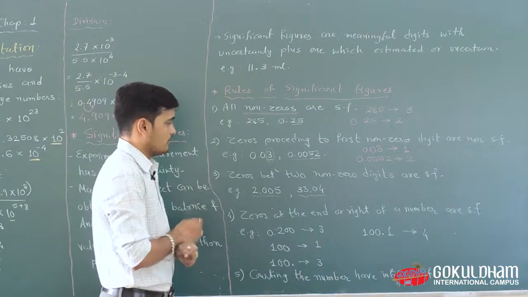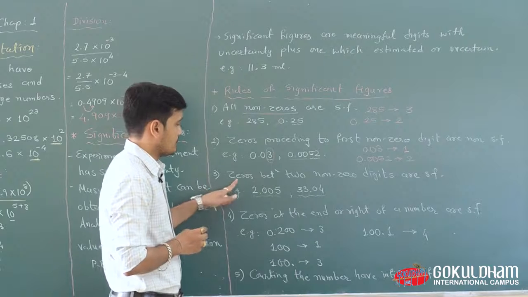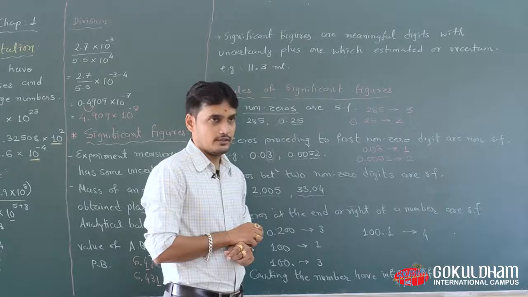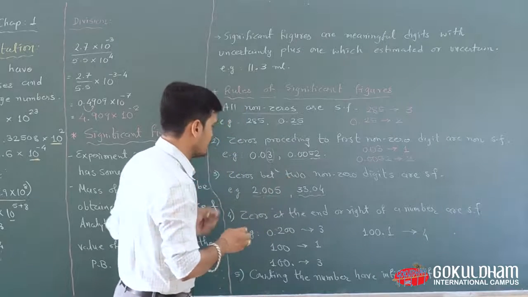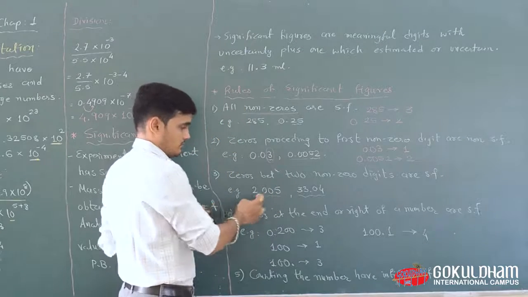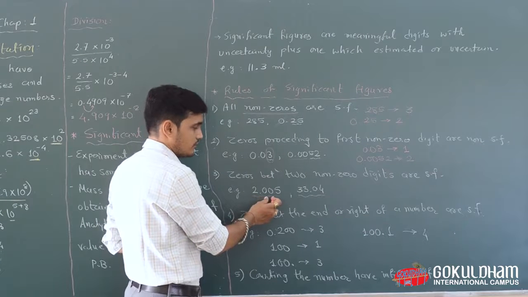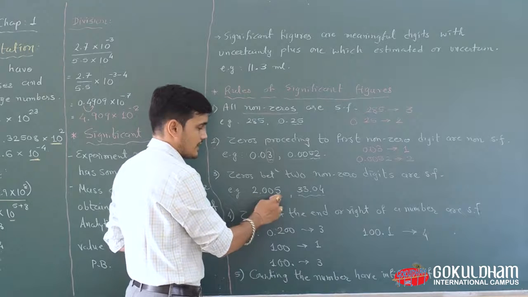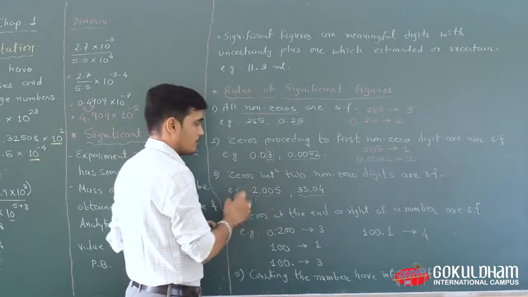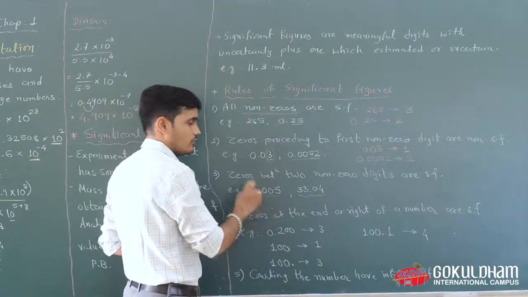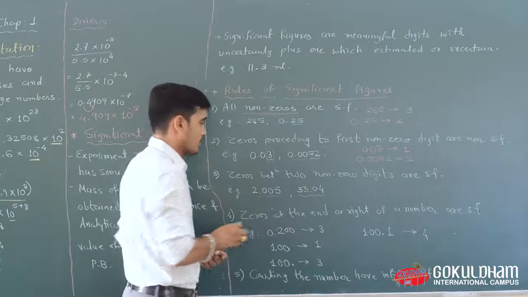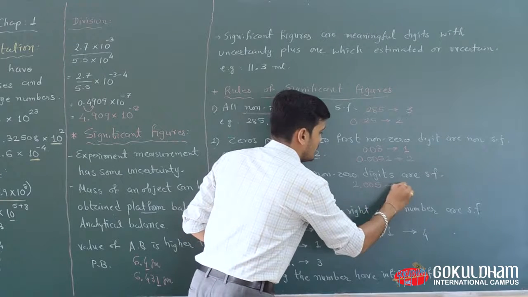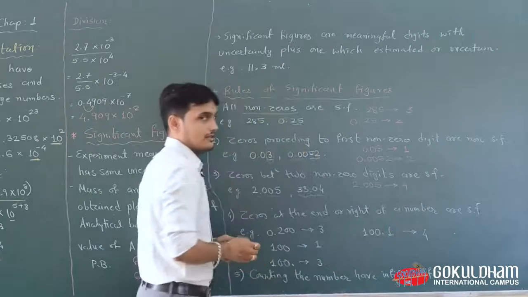The third rule for significant figures is zeros between 2 non-zero digits are significant figures. This rule says that these zeros are sandwiched between 2 non-zero digits. This 2 is non-zero and this 5 is also non-zero. So we have to count these 2 zeros as significant figures. Means this example 2.005 has 4 significant figures.